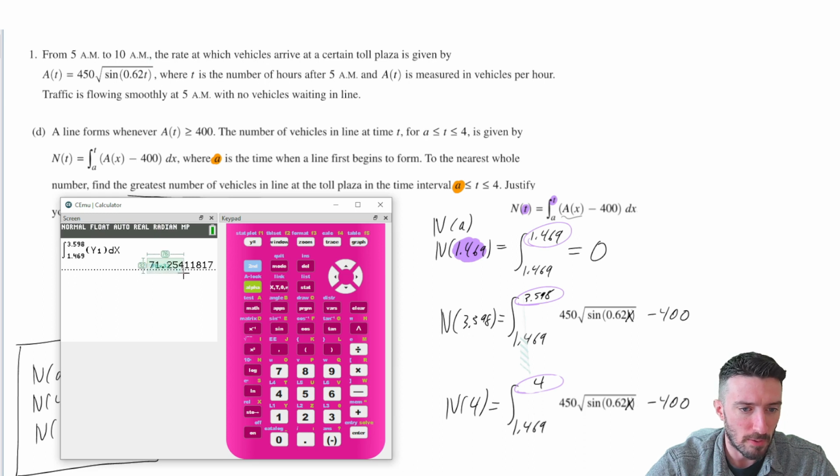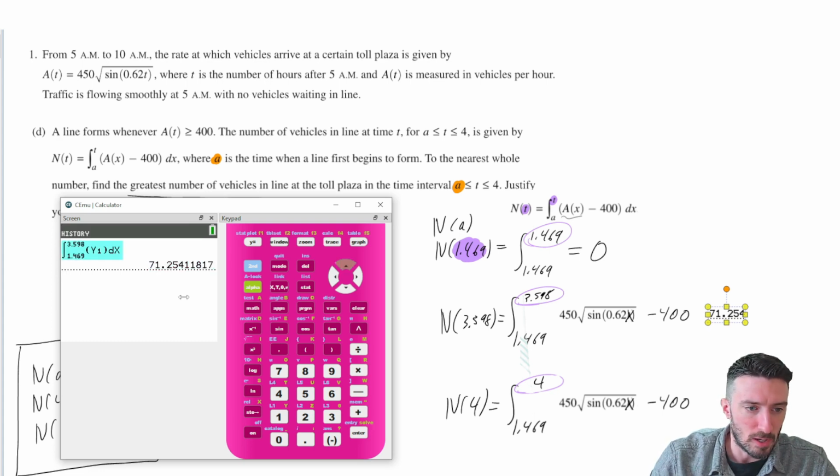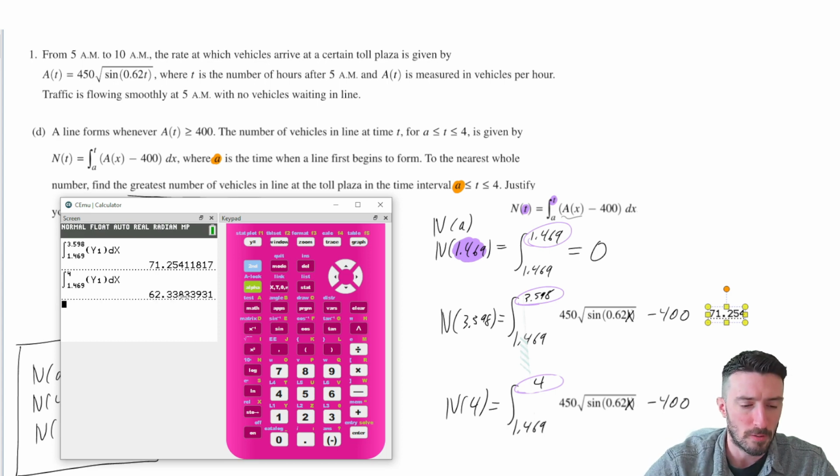So we'll just call that one 71.254. Now we got to do the next one, which means we just got to copy this. Just hit the up arrow key, hit enter, it'll copy. But then we want to replace the 3.598 with a 4, and round those to 3 decimal places, which is actually just this.